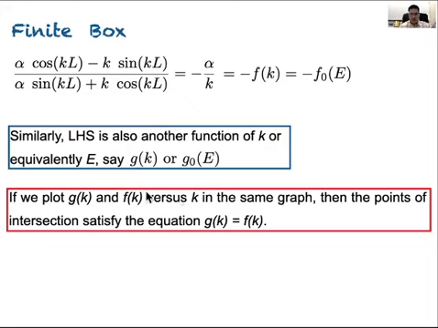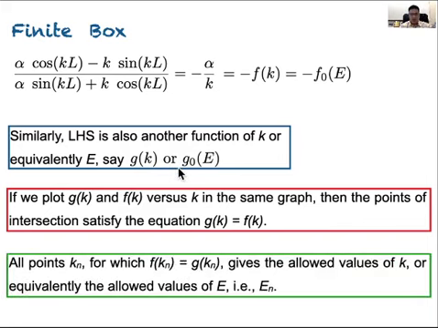The wave functions are not so trivial that you can write them in one line. So all points k_n for which these two equations are equal give the allowed values of k, or equivalently the allowed values of E or E_n. This is the way to get the value of E_n.